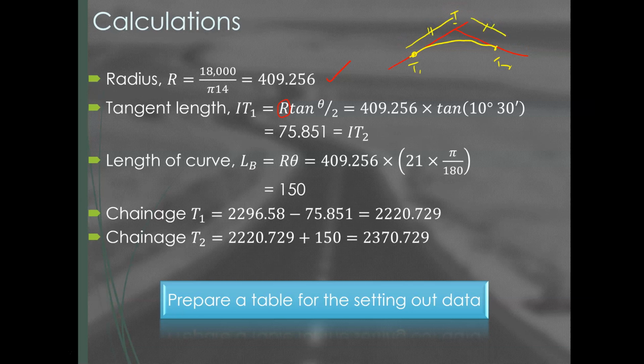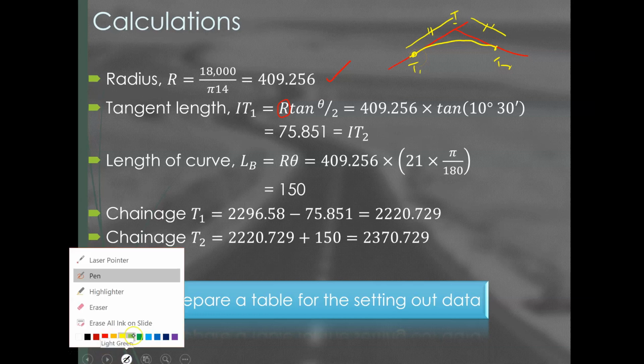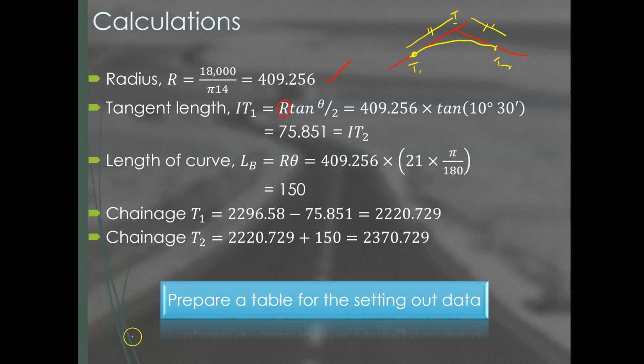IT1 is equal to IT2. Length of curve, I'll use green now. So this length here, the curve length between T1 and T2, is given as R theta, and that will be 150 meters.